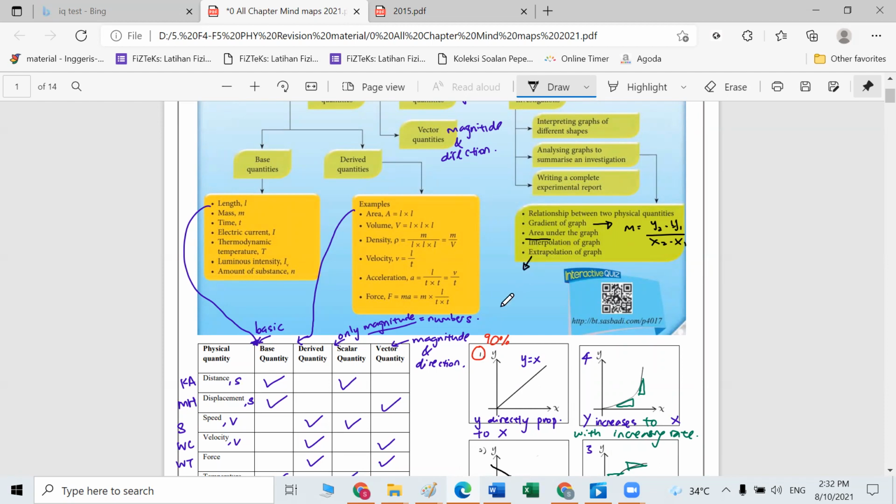Extrapolation is like this, Charles' law. Temperature in degrees Celsius, volume in centimeter cube. Then we extrapolate. We get negative 273 degrees Celsius.